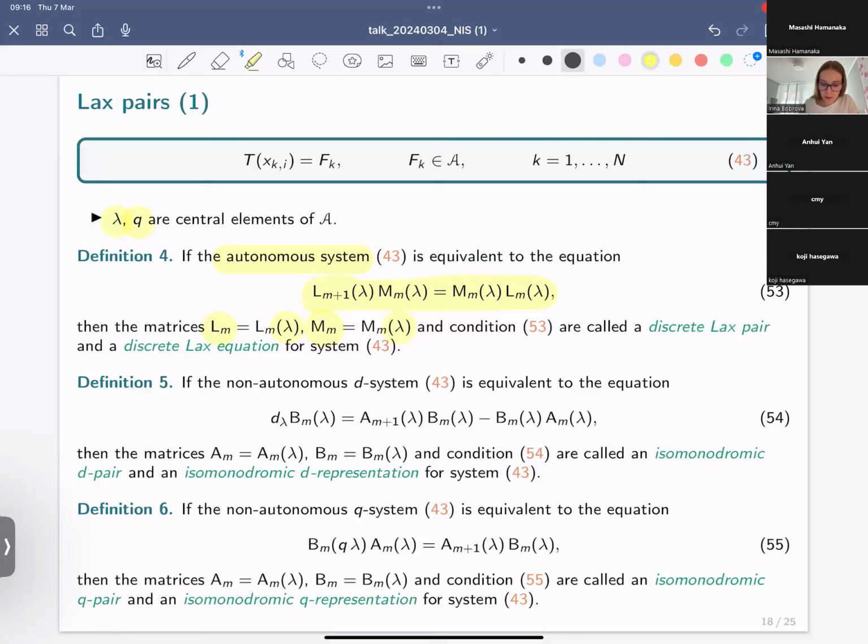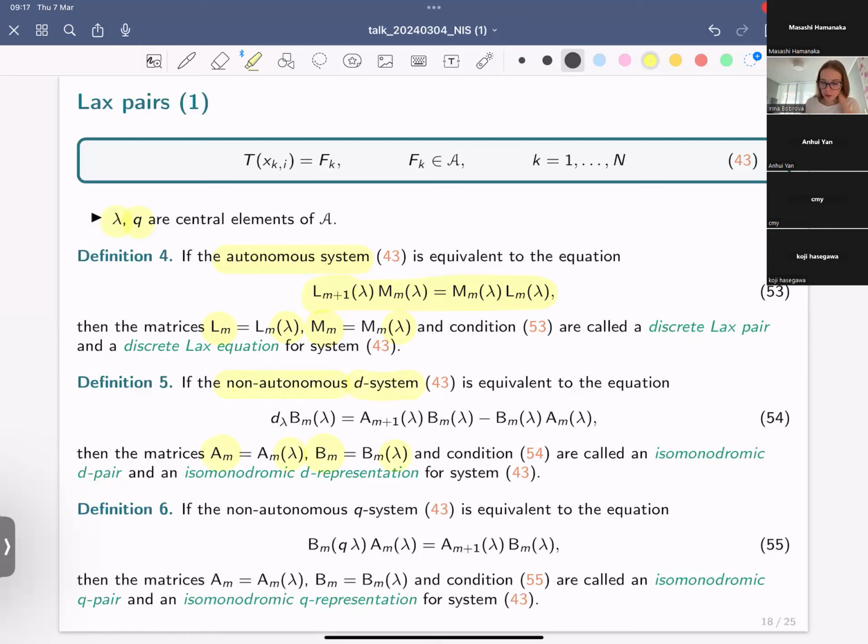Let now our system 43 be non-autonomous and of additive type, D type. And let us consider two matrices, A and B, that depend on the spectral parameter lambda. And now this dependence is crucial.